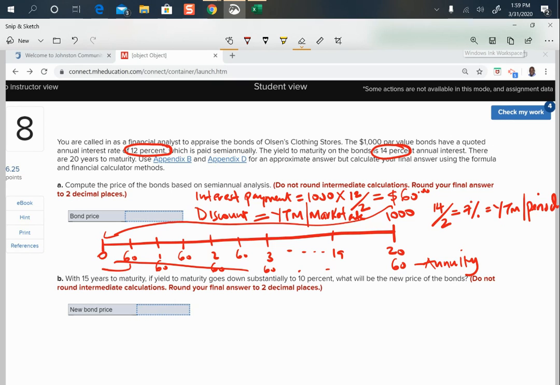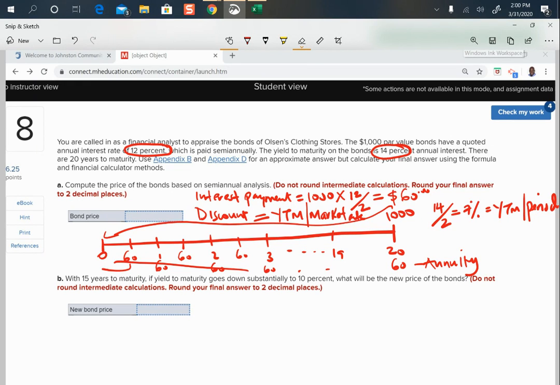Because it has changed, does it change the value of the bond? Of course, yes, because remember, we are using the market rate or the yield rate to determine the value of the bond. And that yield rate will keep on changing over the period of that particular bond. So in this case, you have 15 years to go, and the market rate changes to 10%. So what will be the new price of this bond?